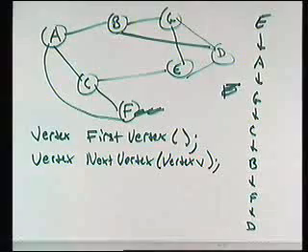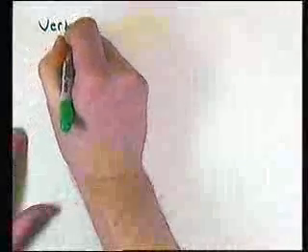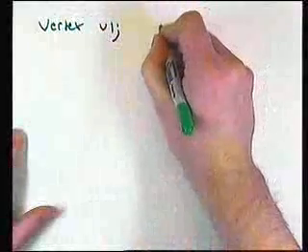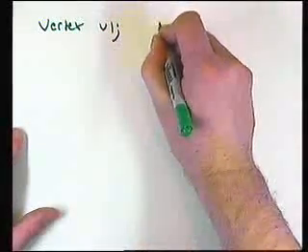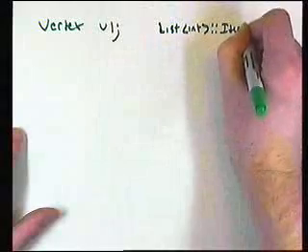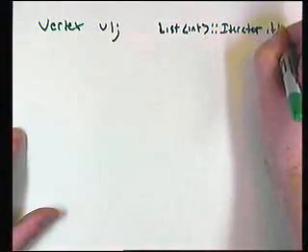So the kind of code you'd write here, we'll be coming back to this slide in a moment, would be something like vertex v1, which here is an analogy to when we said list int iterator it1.